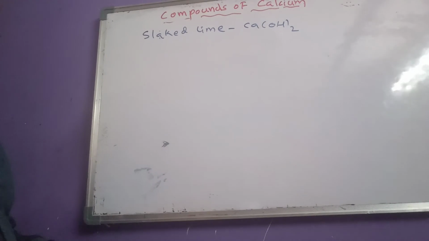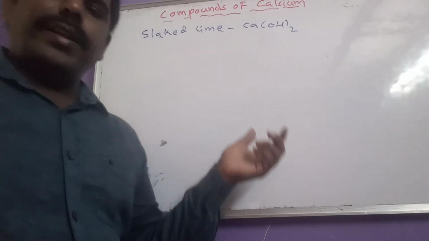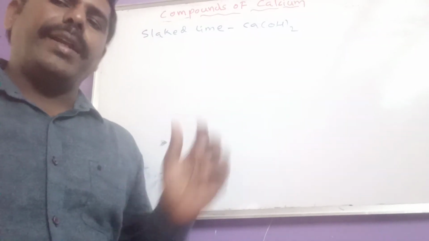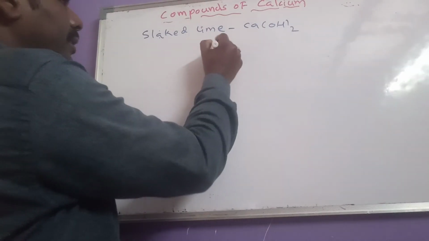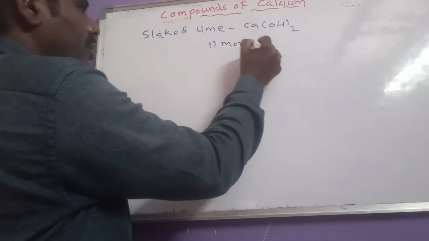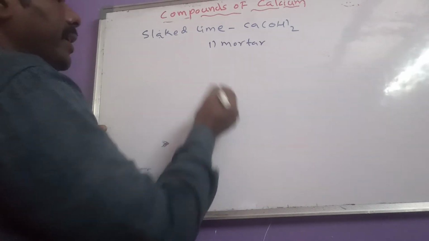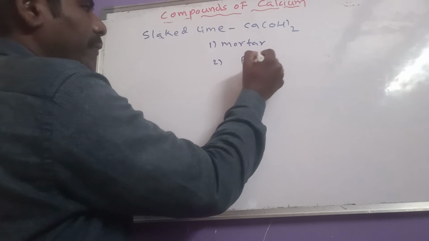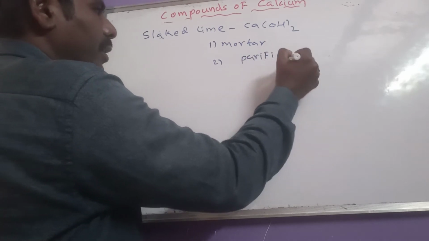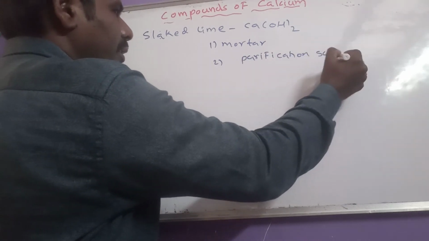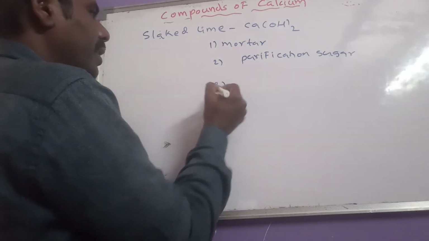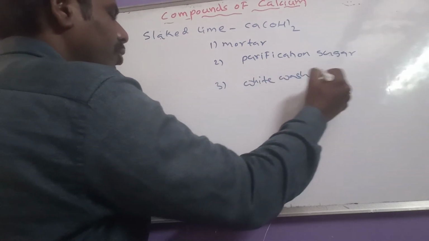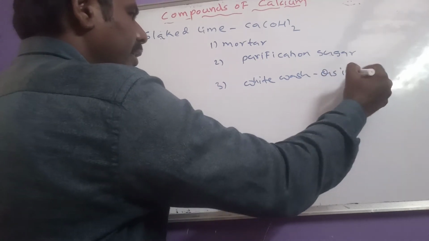What are the uses of slaked lime? It is used in the preparation of mortar, a building material. It is also used in the purification of sugar, and it is used as a whitewash due to its disinfectant nature.